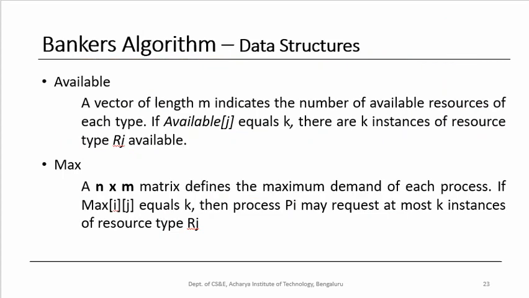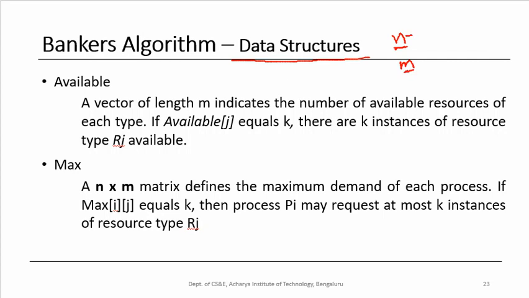Before we go and write the Banker's algorithm, let us try to understand the data structures that it is going to use. We are going to use the variables n and m.